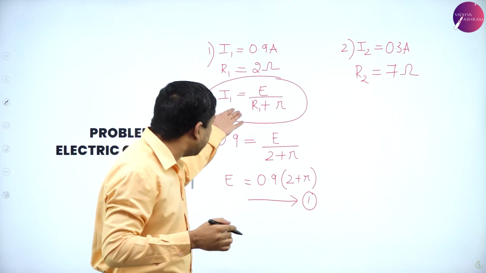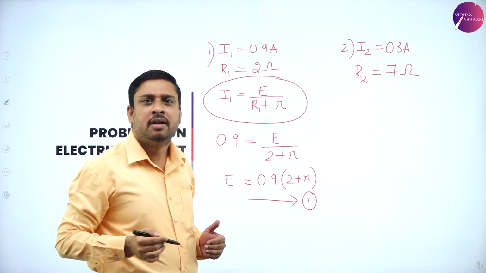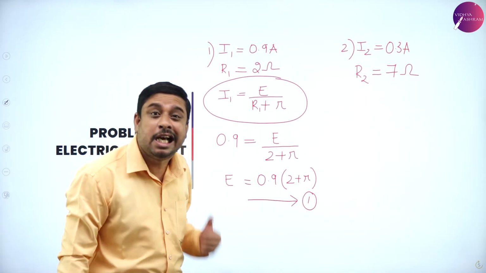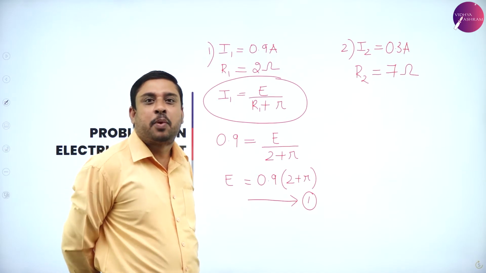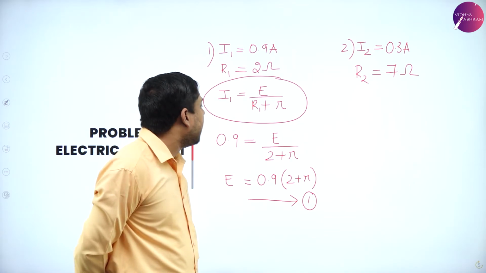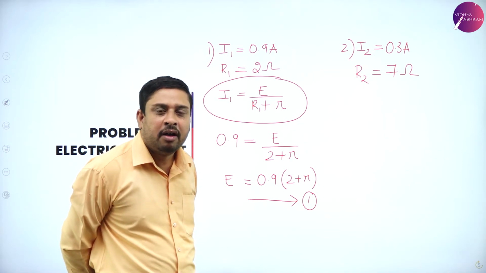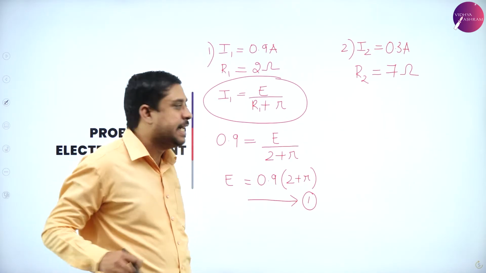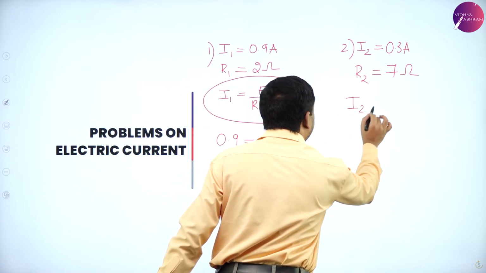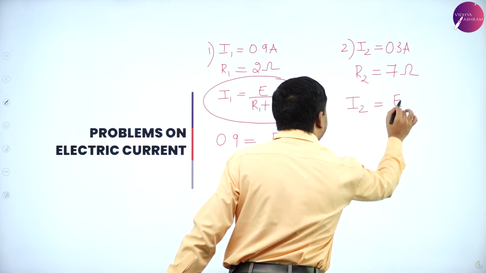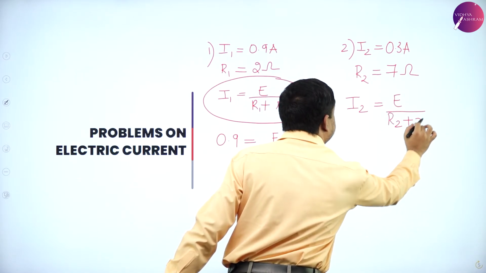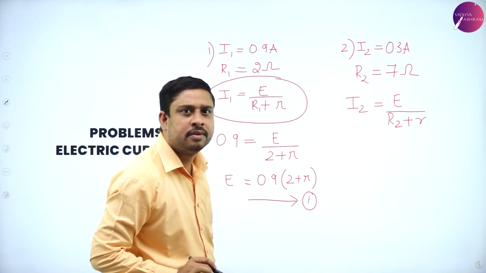Again, write down the basic formula. 100 times I have told. The question paper clearly says: problem solved without writing the relevant formula shall not carry any marks. So again, I2 is E divided by R2 plus small r.